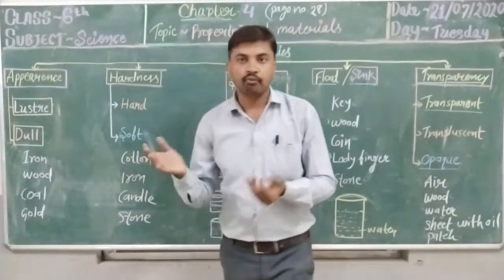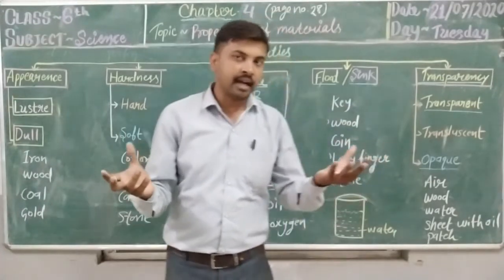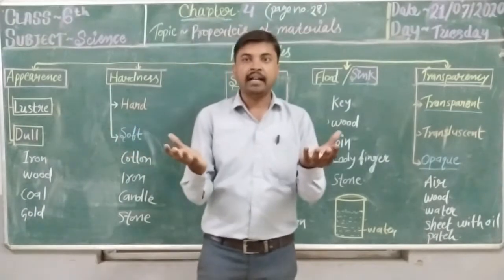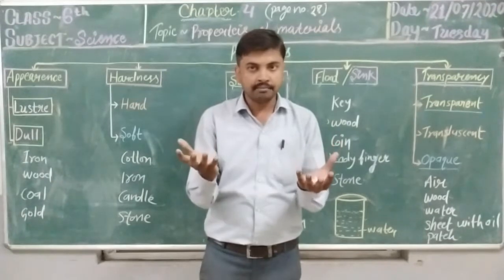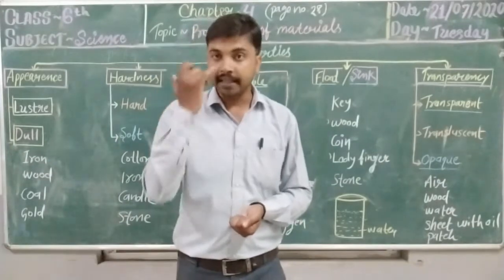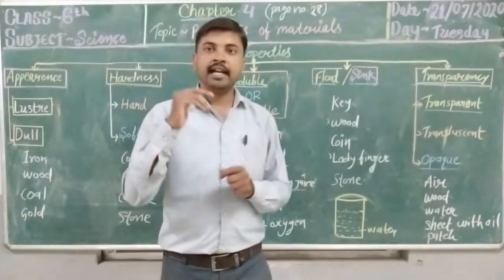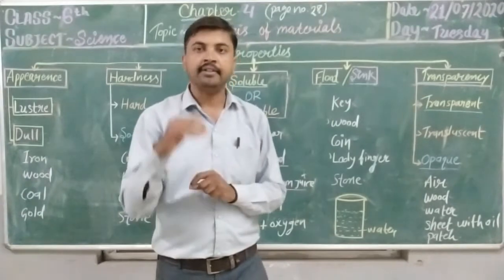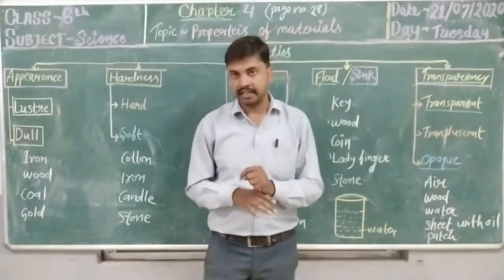For example, I take a piece of iron in one hand and a piece of wood in the other. If I ask which material shows the shining property, iron or wood, you would say iron. But in many cases iron does not show the shining property. Iron reacts with oxygen and moisture and forms a layer on it that we call rust, so at that time the metal does not shine.